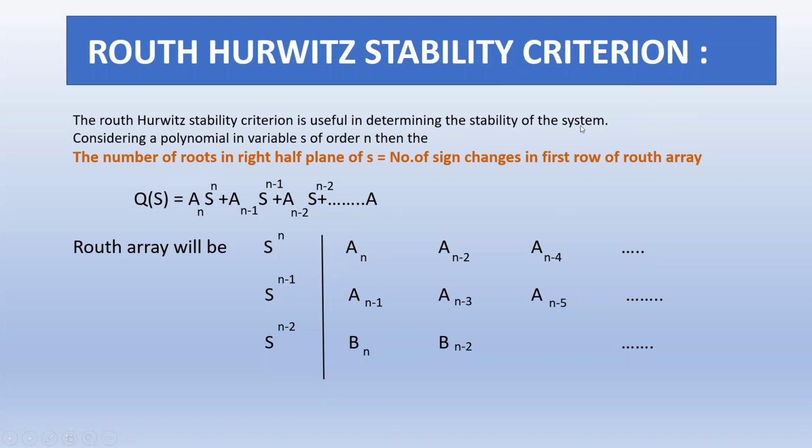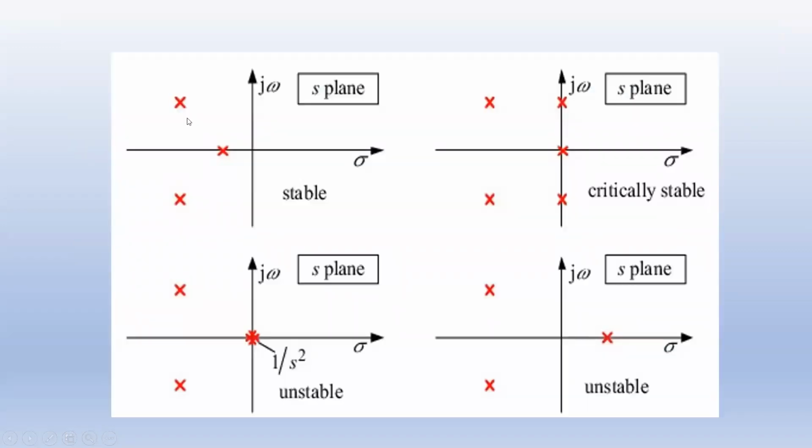So in that case, how can we find the stability of the system? It would not be possible just by solely finding all the roots and thereby locating all the poles and seeing whether they are in the left half plane, the right half plane, or on the imaginary axis.